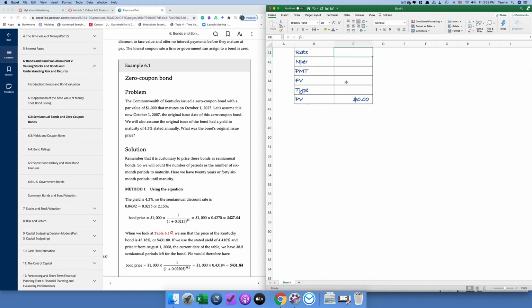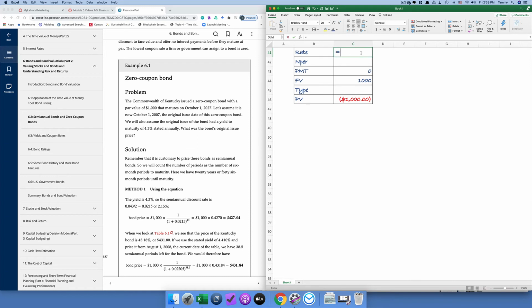We have got a par value of 1,000. So that means that the future value is 1,000. And the payment is 0. And the original issue had a yield to maturity of 4.3% stated annually.